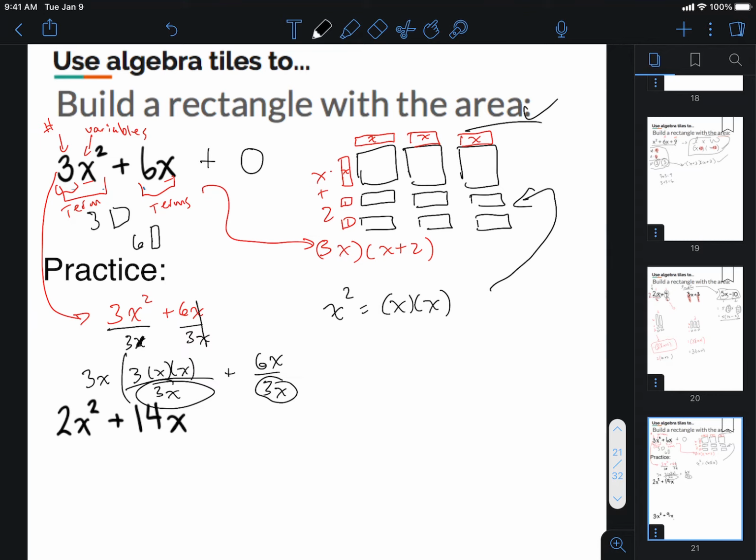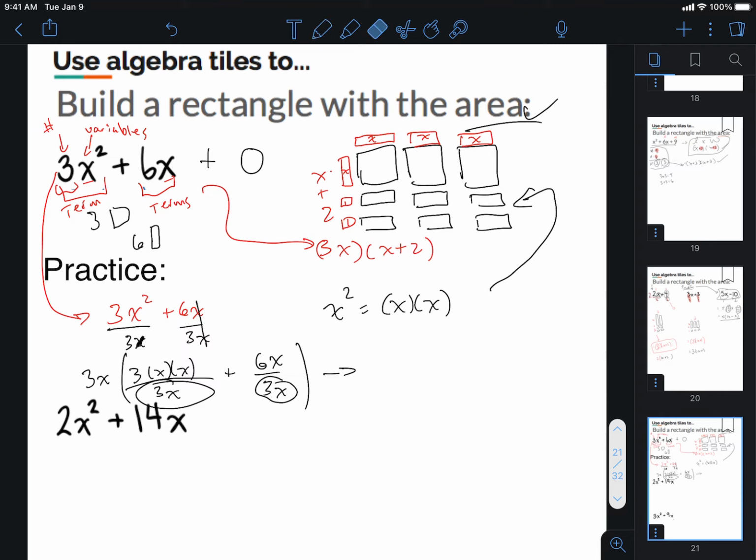Okay, so this is what you've got. Everything is multiplied by 3X, and then you're also dividing everything by 3X. So that's 1. But what it's essentially allowing you to do is simplify what's inside of the brackets, right?